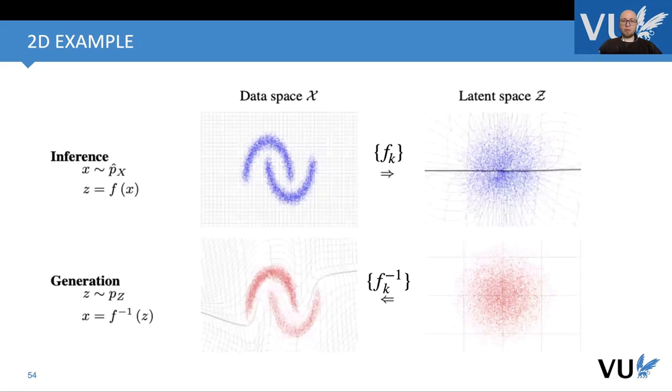Here is a very simple example with two moons data sets. Here it's presented the other way around. So from this very complicated distribution, we transform it to Gaussian, okay, and of course we can then invert it, and from this crazy distribution we can get this complicated one back.